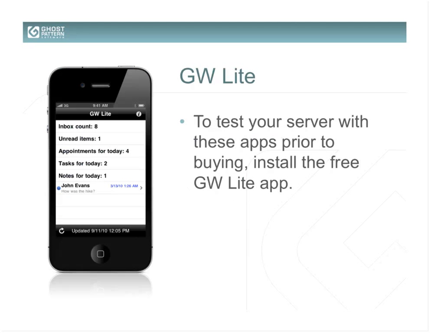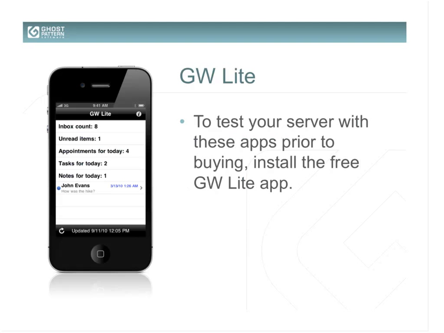One thing I recommend is we do have a Lite app. This is a free app. The goal of this app is not really to be useful in a day-to-day sense, but really to allow you to test to make sure that the apps are going to work with your GroupWise Web Access server before you pay money to buy the app.